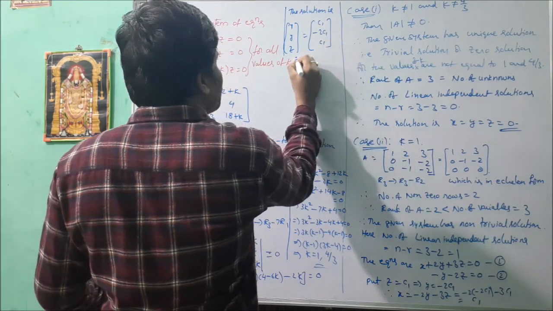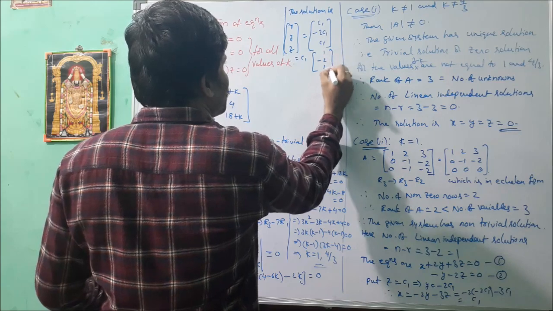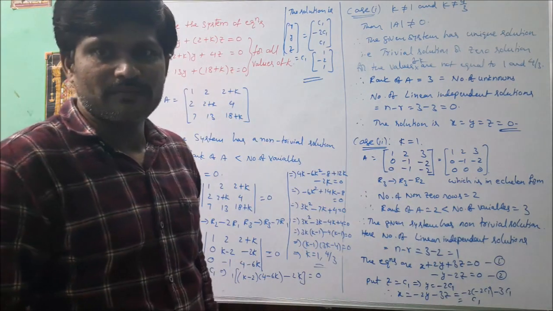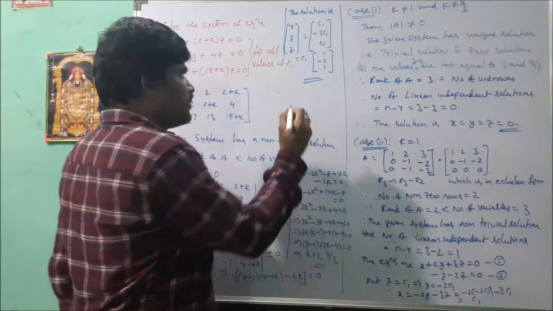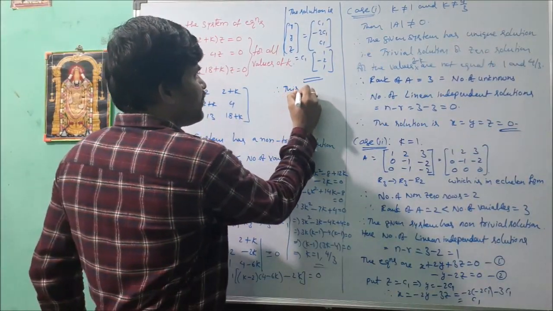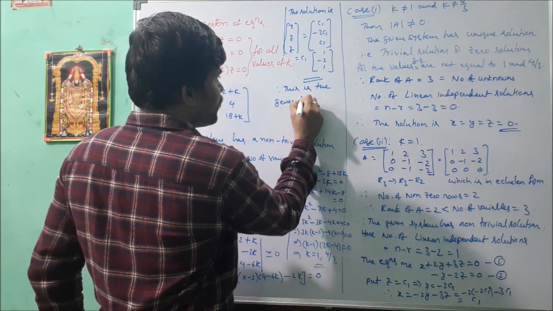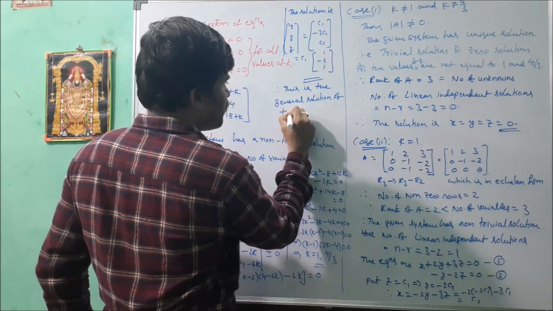Now we take c1 common: c1 times (1, minus 2, 1). So this is the independent solution of the given system. This is case number 2. Therefore, this is the general solution of the given system.